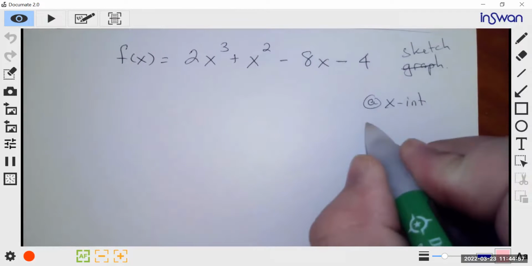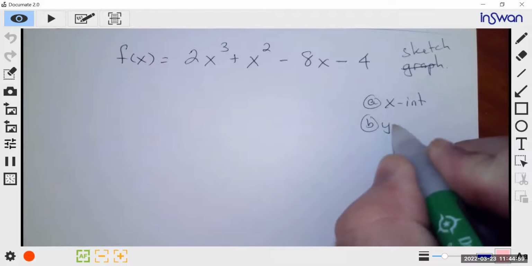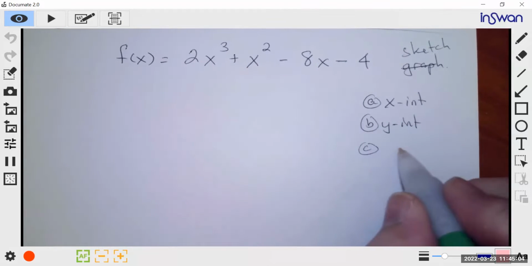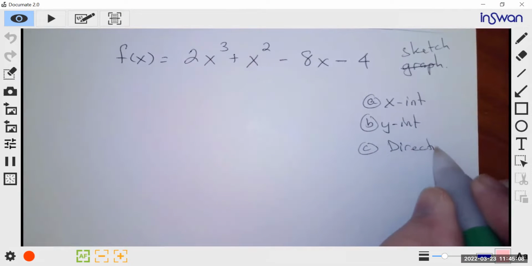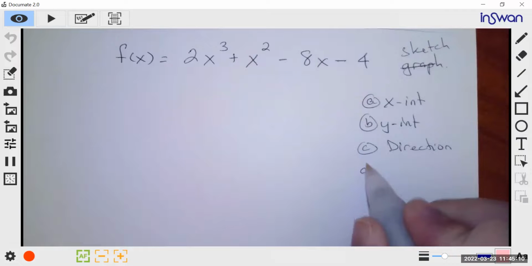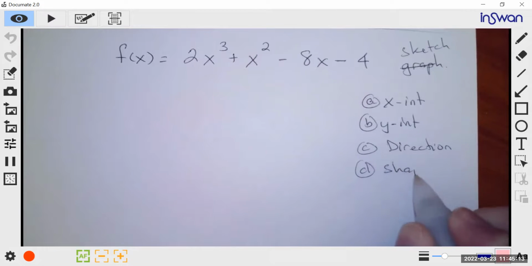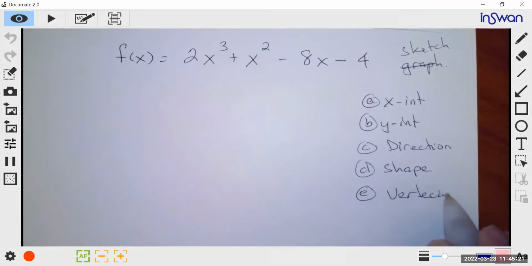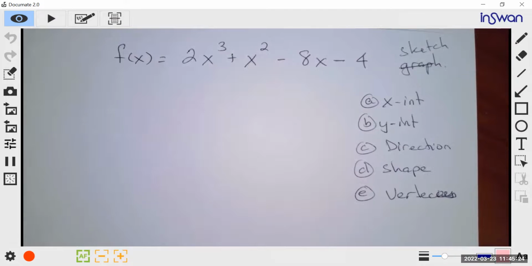The X-intercept, the Y-intercept, the direction, shape, the vertices. Again, we can't do the vertices just yet because this one's going to be a little bit more tricky.